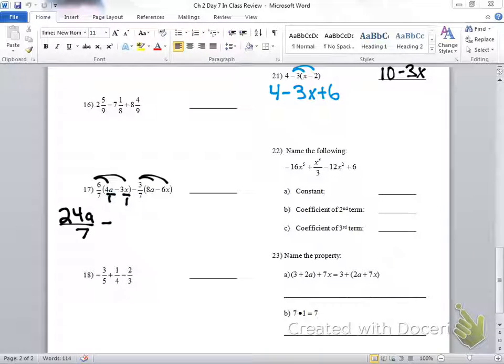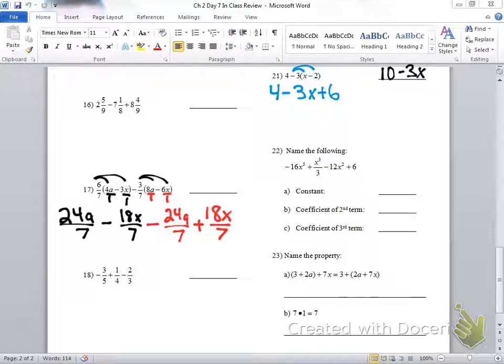What's 6 times 3x? I'm distributing a negative 3/7. So that's going to be minus, what's 3 times 8a? And then what's negative times negative? Positive, and 3 times 6x is 18x over 7. Okay.